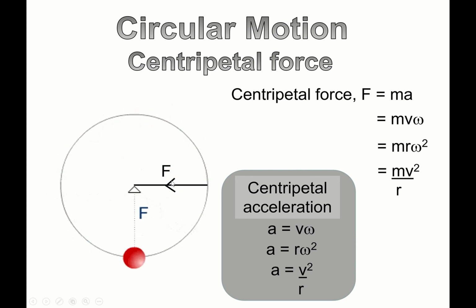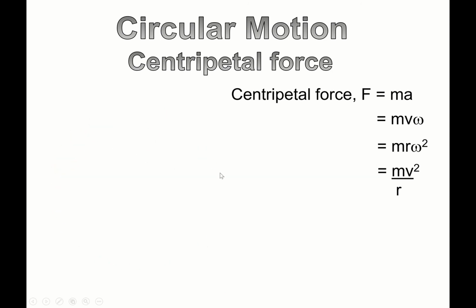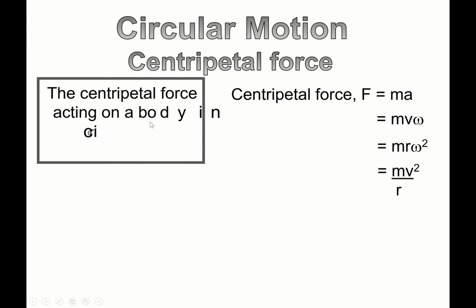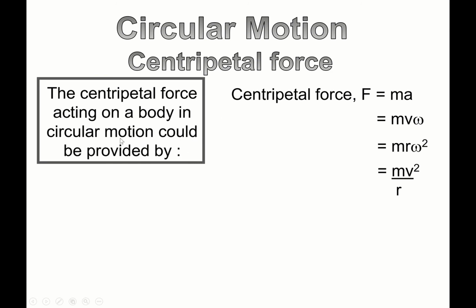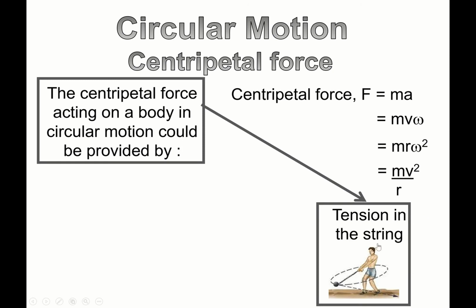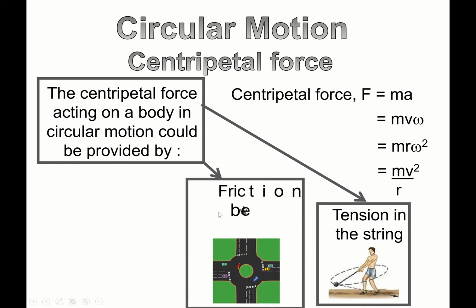The direction of the centripetal force is towards the center of the circle, and the direction of centripetal acceleration is also towards the center of the circle. The centripetal force acting on a body in circular motion could be provided by tension in the string or friction between a car and the road. For example, when the car moves in circular motion at the roundabout.